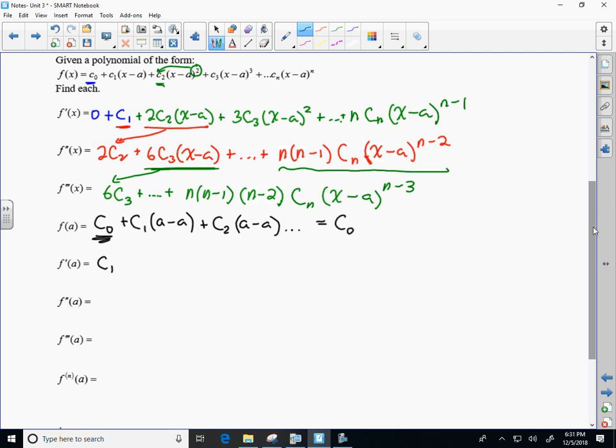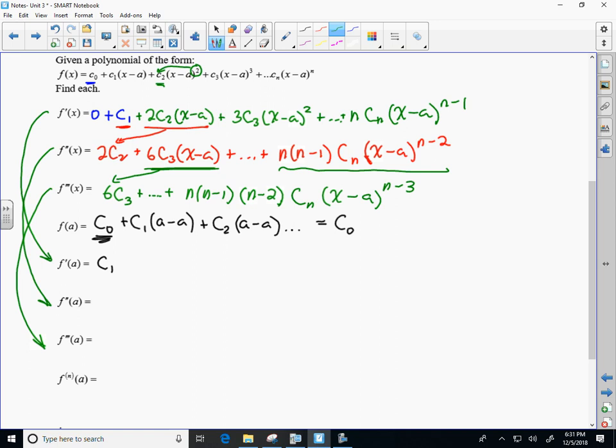What's that? Oh, f prime of x, where x is equal to a. Whenever you're substituting into a function involving a derivative, the substitution happens after the derivative has already happened. So we're working off of this answer for this one, this answer for this one, and so on.